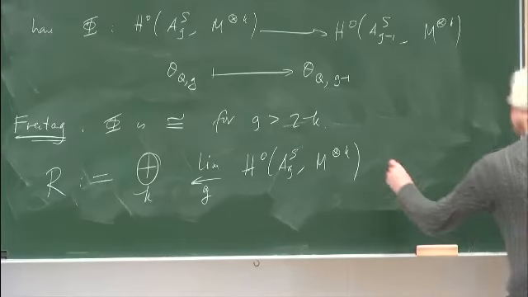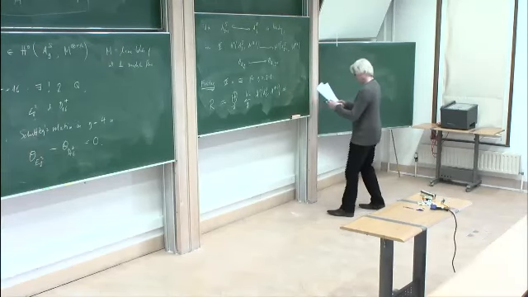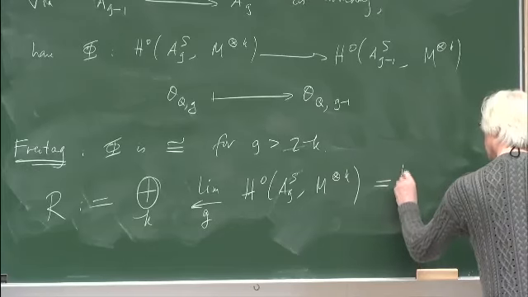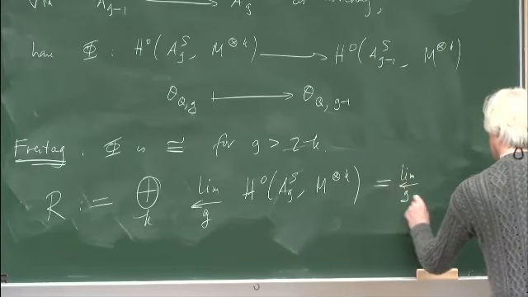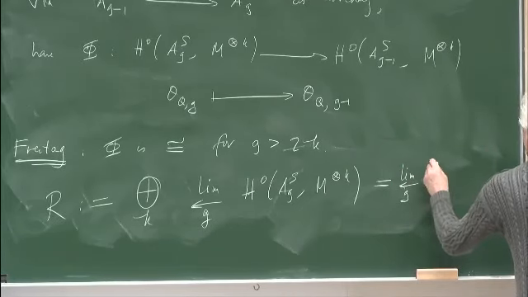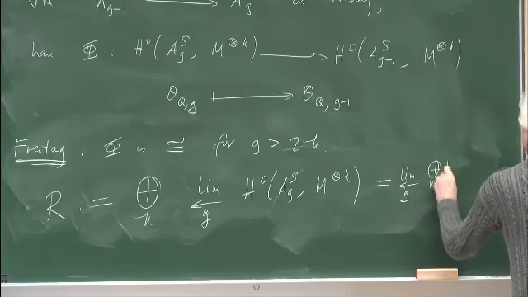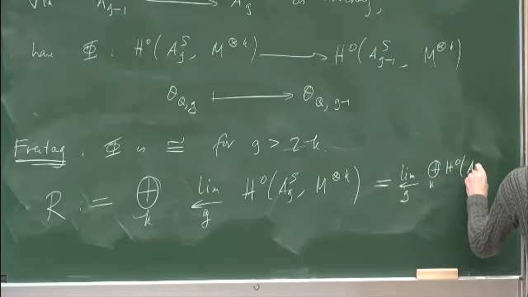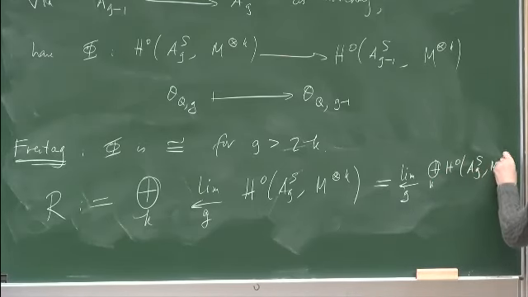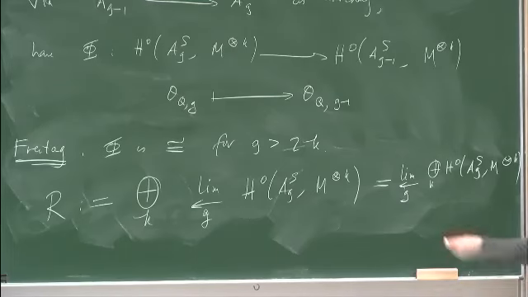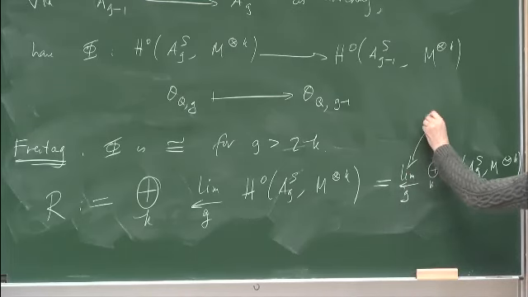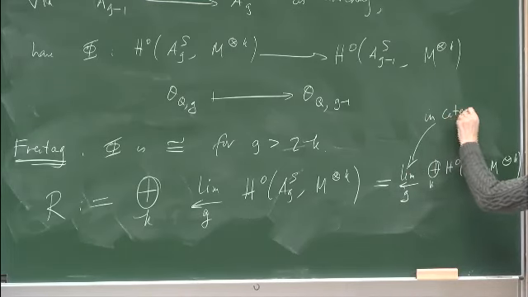And then observe, we can write it, this is the same thing as the inverse limit over all g of the direct sum over all k, with this inverse limit in the category of graded rings.